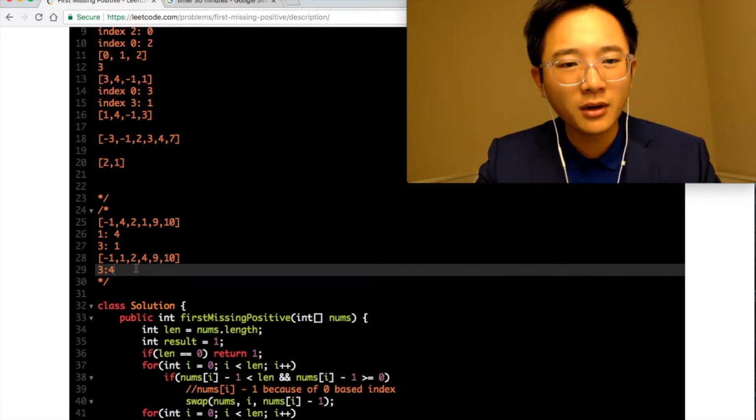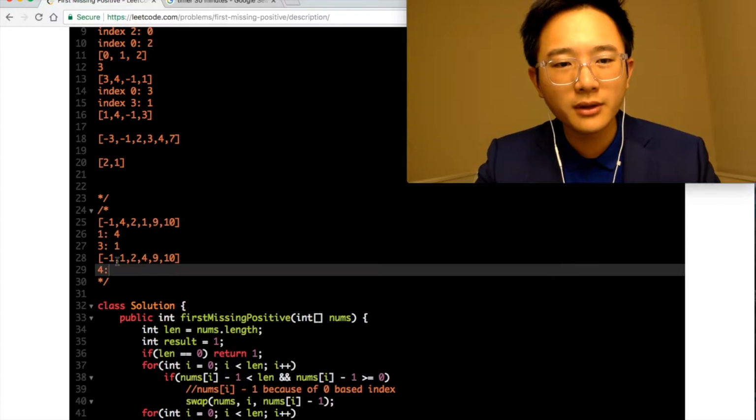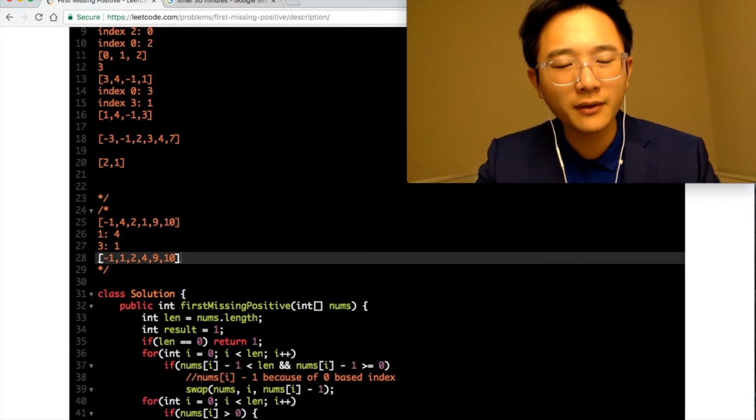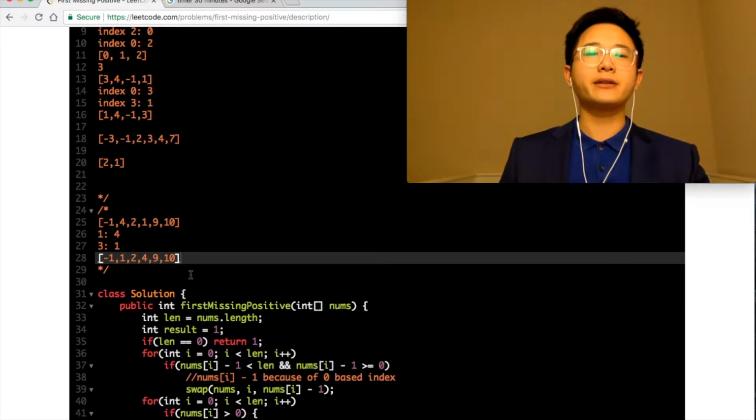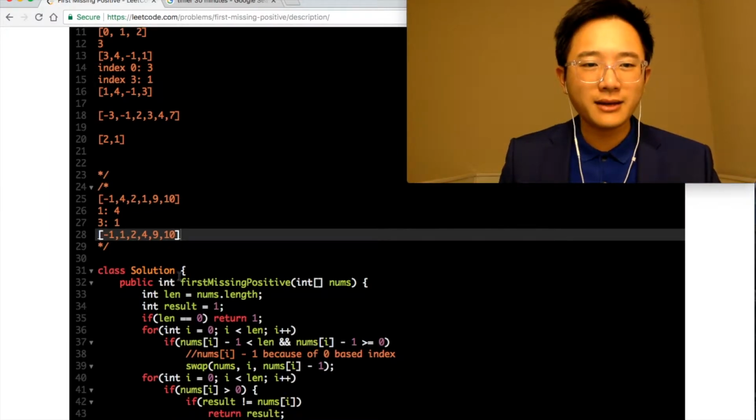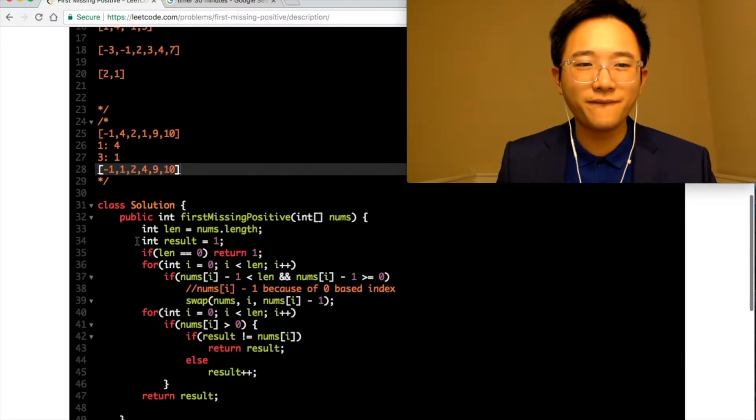Still the same. Okay, now we have 4. 4 is 1. We have 9, so do nothing. Okay, so this is -1, 1, 2, 0. This is what we got, right? It looks perfect. Now we're just missing a 3. What is going on?